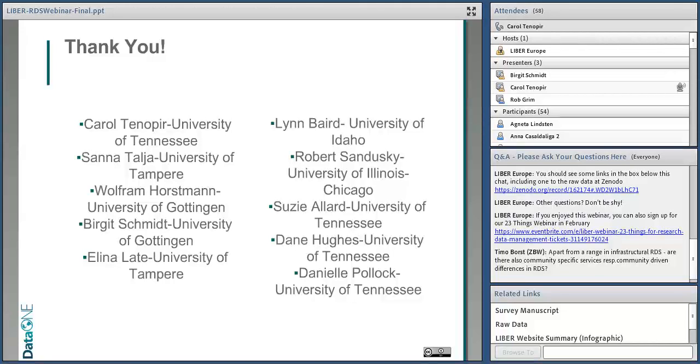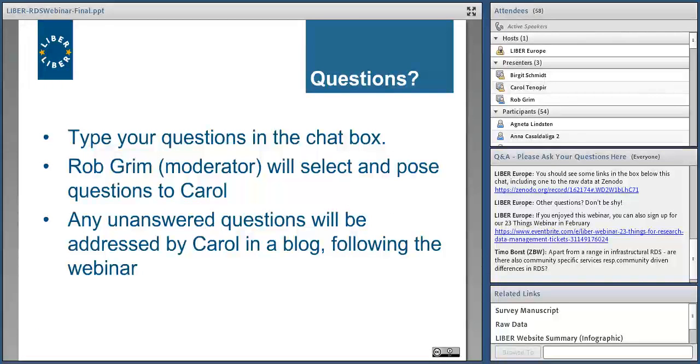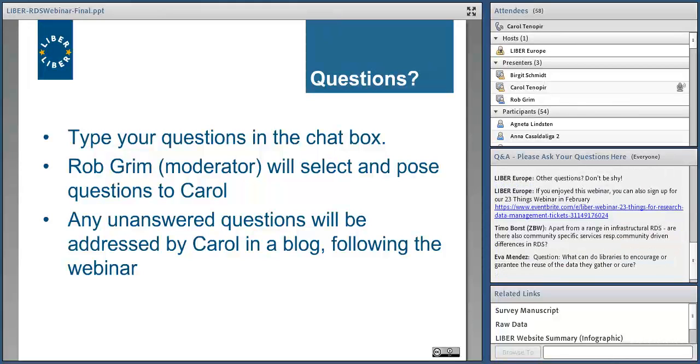So those disciplines in sciences which are heavily driven by funding, medical sciences as well as natural sciences, engineering, they rely a lot on external funding, and many of those funders require open data and require good data management. So that's one kind of community, big difference.